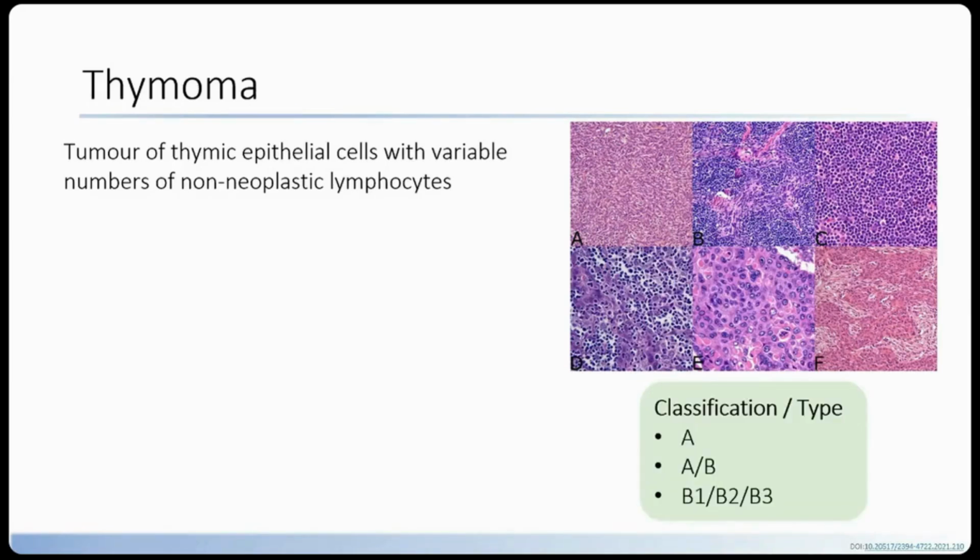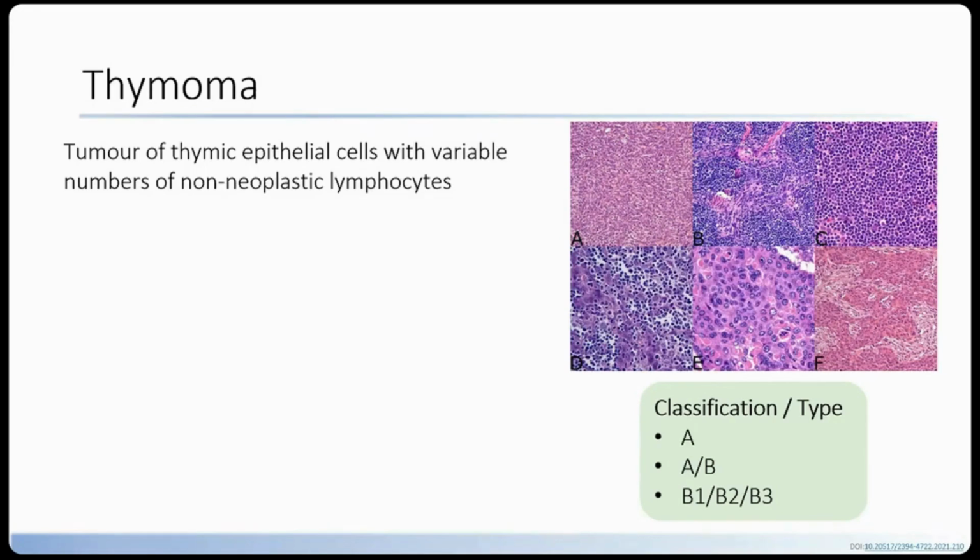And that is fundamentally important, because the different morphological features and patterns really correspond to outcome. A type A thymoma, which we'll come to later, is very spindle cell rich and lymphocyte poor, and AB, where there's a combination of spindle cell and epithelioid cells, have a very good prognosis.